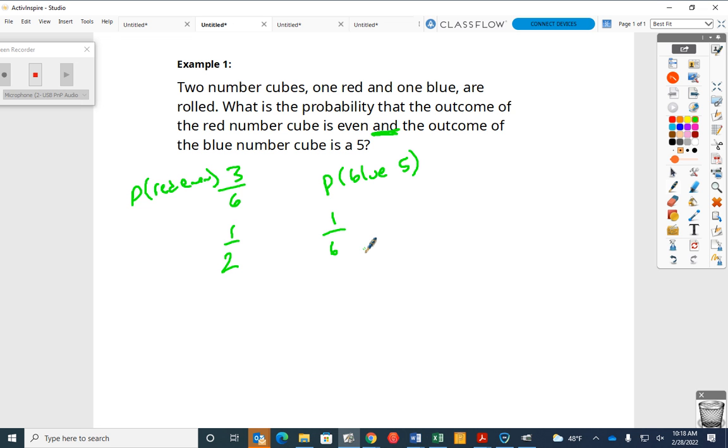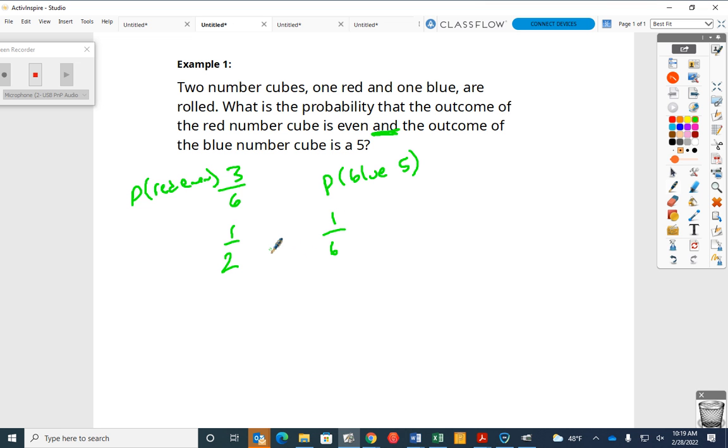Okay, all right, listen. What I want to know is this question is asking what is the probability of both of these happening? So what do you think I'm going to do with those two independent probabilities? Good guess. I'm not going to add them. I'm going to multiply them straight across.